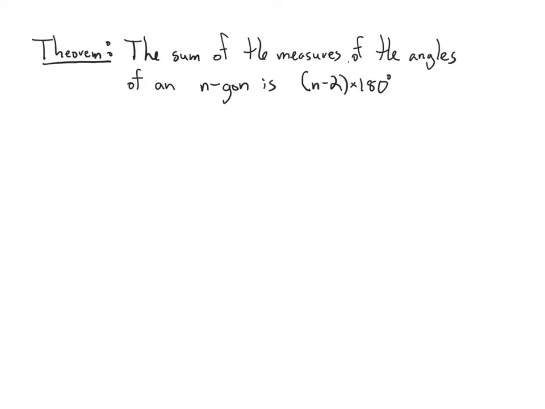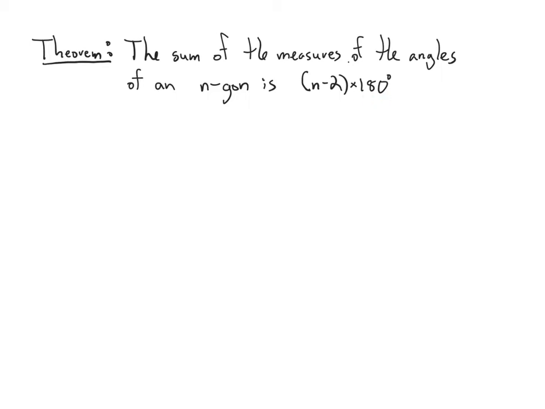So here is our theorem. Let me tell you what it says. It says, if you have an n-gon, then the sum of the measures of the angles is (n minus 2) times 180. And you can kind of see what the argument is going to be for this formula just in the formula itself. We know there are 180 degrees inside every triangle, or I should say the sum of the measures of the angles is 180 degrees.